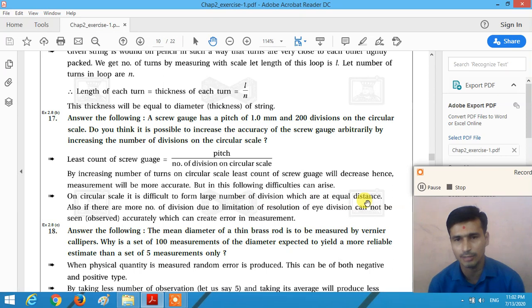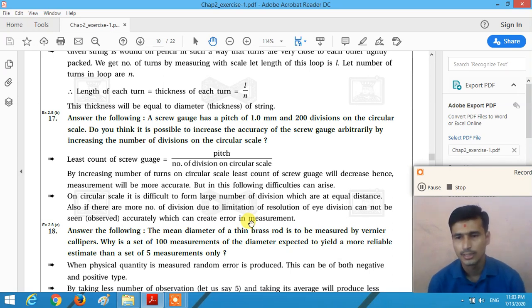If there are more divisions, due to the limitation of the resolution of the eye, the divisions cannot be seen accurately, which creates error in the measurement.